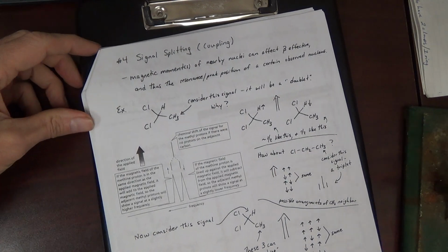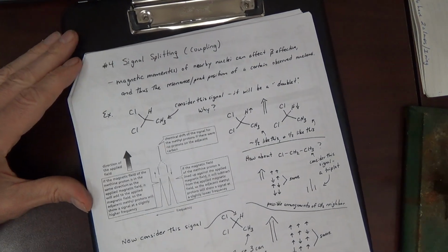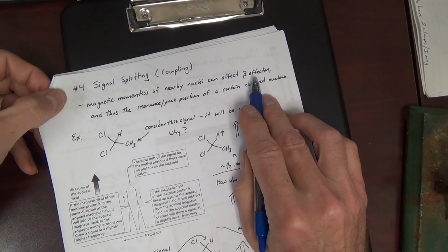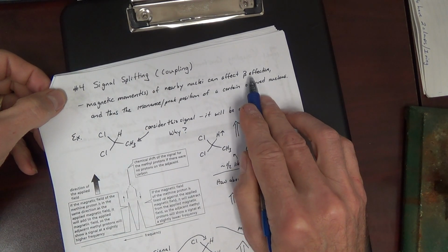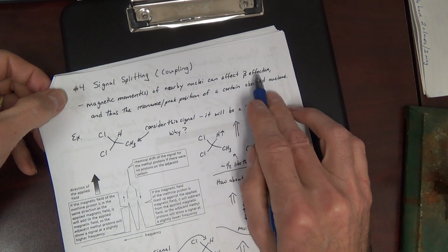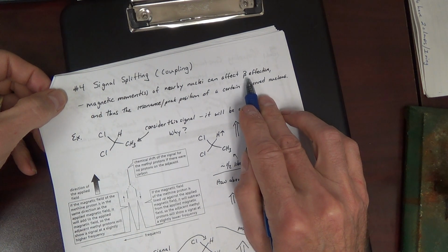So, signal splitting. Okay, we'll start with a statement. Remember, we have B effective. B effective comes from the external magnetic field, but it's modified by local electron density, which opposes the external field, and so the electron density acts as a shielding mechanism.